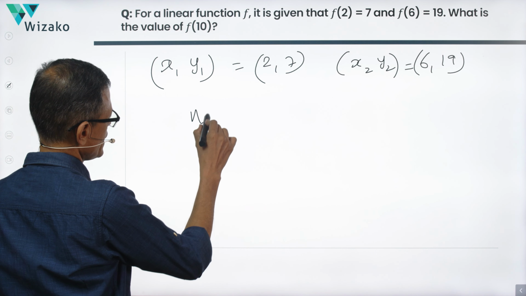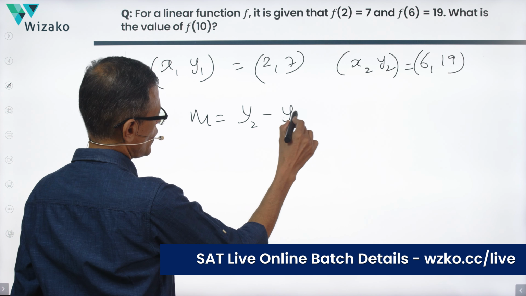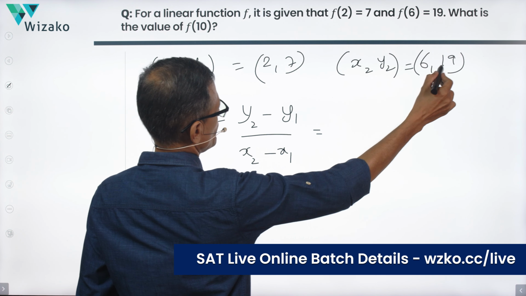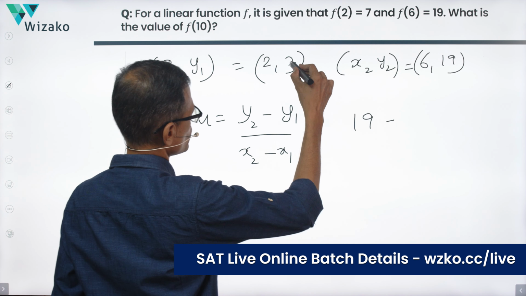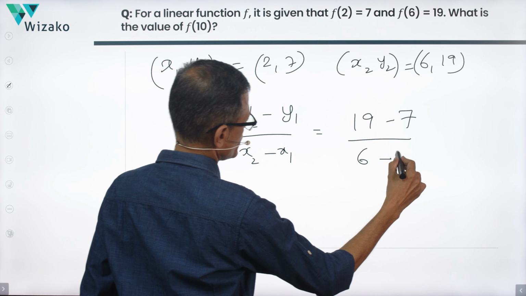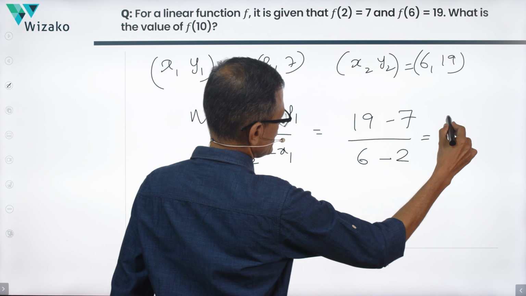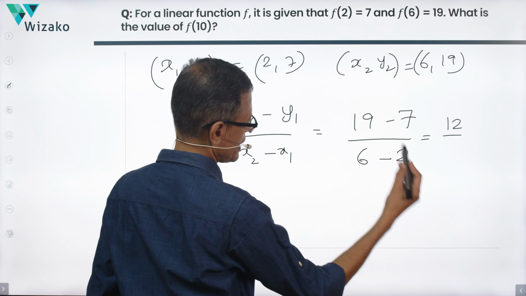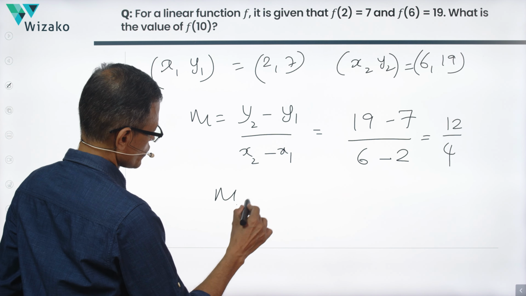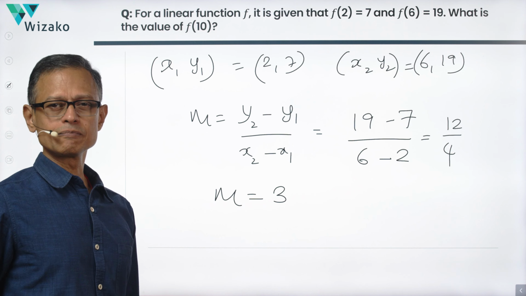So the slope is 19 minus 7 divided by 6 minus 2, which is 12 upon 4, equal to 3. So the slope of this line is equal to 3.